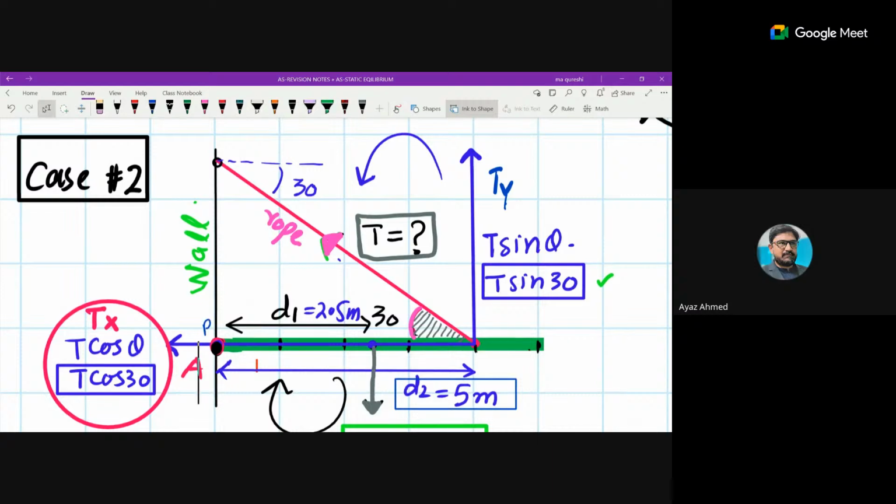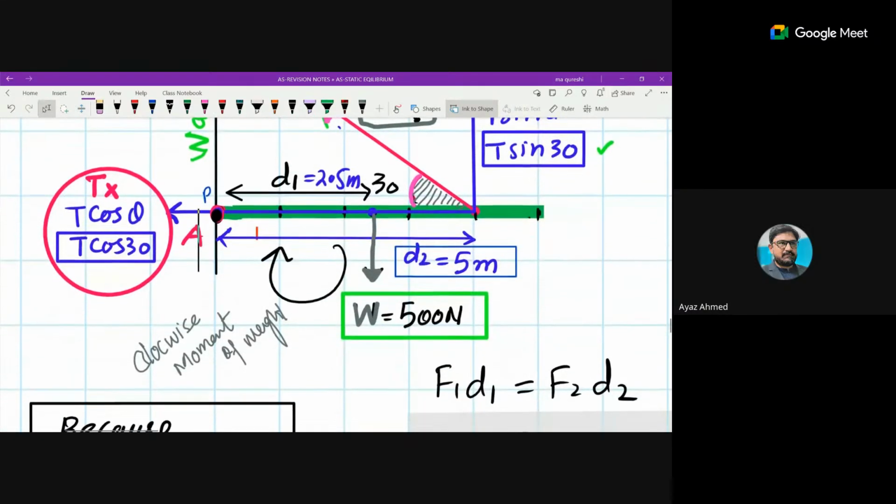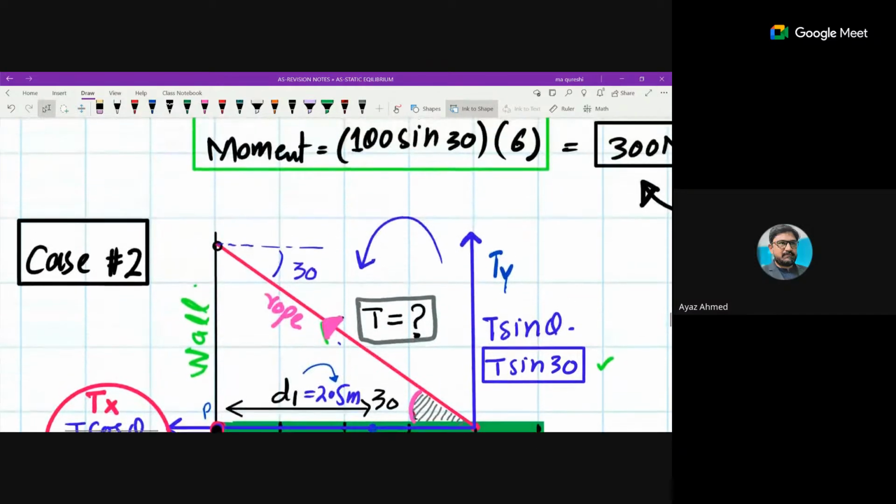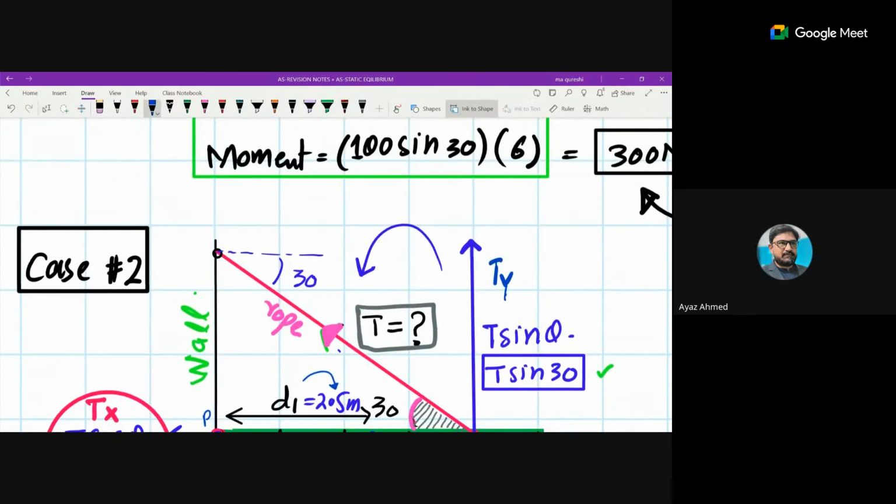Got it? And because weight is acting at the midpoint, this distance of 2.5 meters is the perpendicular distance for the moment of the weight. So weight is producing a clockwise moment, and T vertical, the vertical component of the tension, is producing an anti-clockwise moment. So they would counter each other.